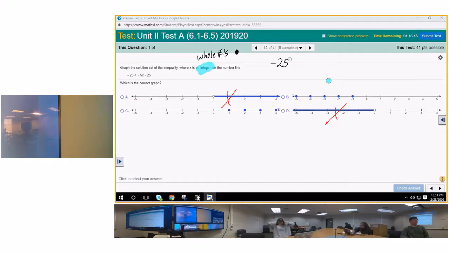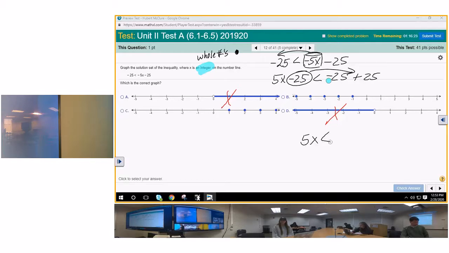25 less than negative 5x minus 25. That little bucket goes across the river. 5x minus 25 is less than negative 25. Bring that 25 across the river, and we got 0. 5x is less than 0.